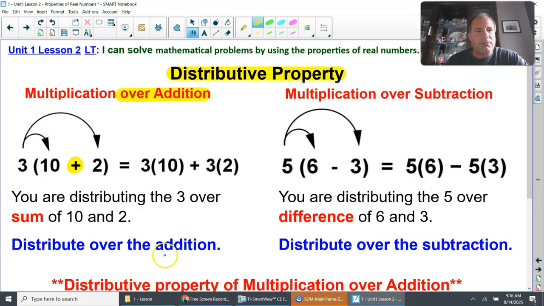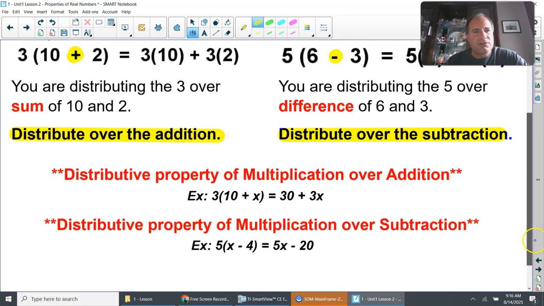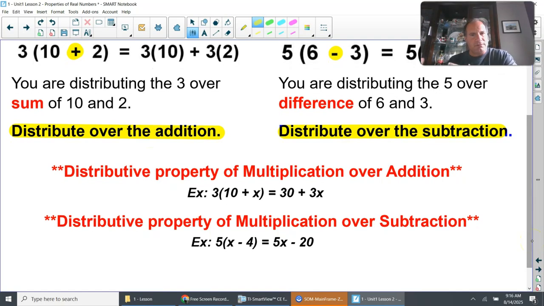When you're distributing over addition, it's called distributive property over addition. When you're distributing over subtraction, it's called distributive property over subtraction. And it's right here. You can see it. So distributive property of multiplication over addition and distributive property of multiplication over subtraction.